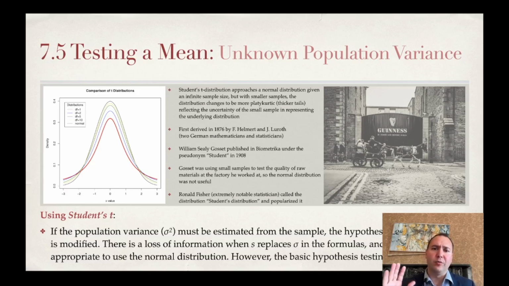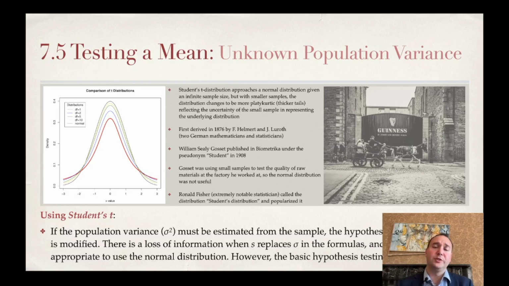So why would a brewery be interested in a distribution, specifically a t-distribution that's used across almost all statistics today? Gossett was using small samples to test the quality of raw materials. Specifically, I believe it was barley, at the factory he worked in, the factory being the Guinness brewery.